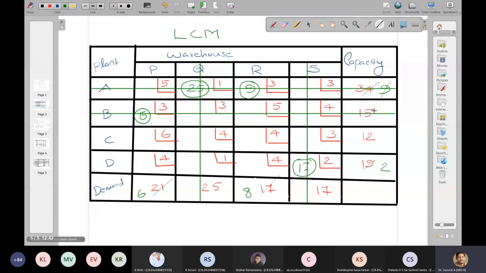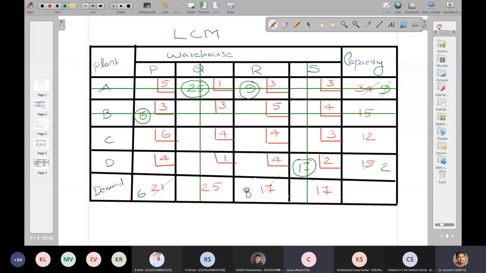Now which is the next? From the uneliminated space, I have CP, DP, CR and DR. The lowest cost is 4, and you can take RC. So for RC, what is the status? Demand is 8 and capacity is 12.